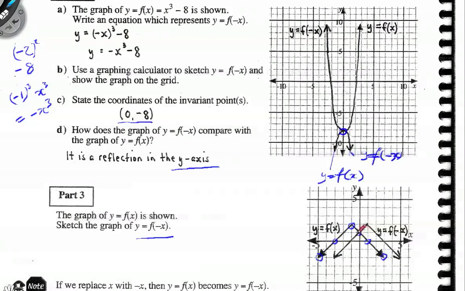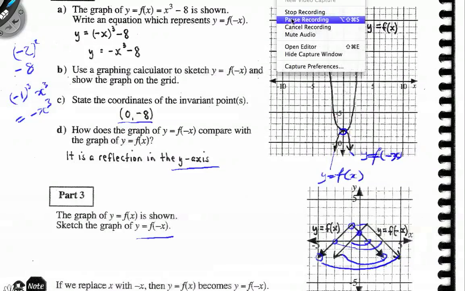We should see that as an invariant point. So we move that over there. This one comes all the way over to here, and this one will reflect over to here. And where does this land? This lands over here, and this lands over here. Okay, hopefully you follow that.